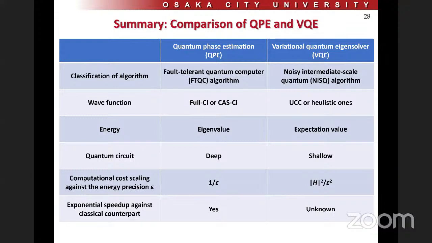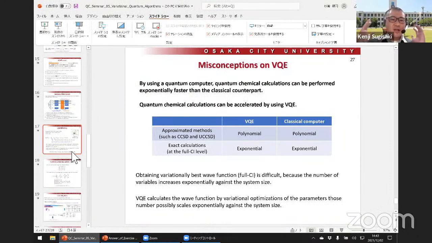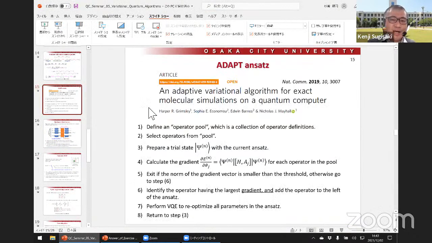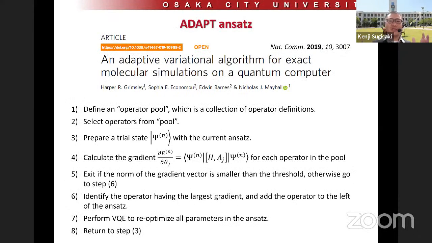I can read a second question. He is asking if it's okay for you to repeat the differences between adaptive VQE and the normal VQE algorithms. Okay, the adaptive VQE. In the normal VQE, first we define the parametric quantum circuit and then perform the variational optimization using the same parametric quantum circuit.